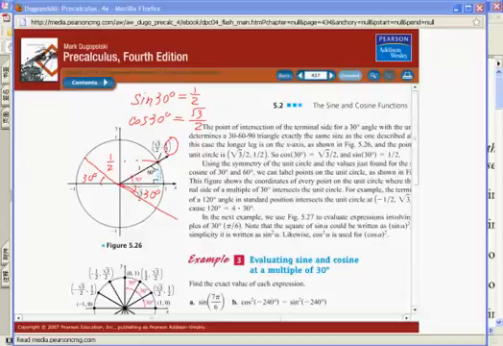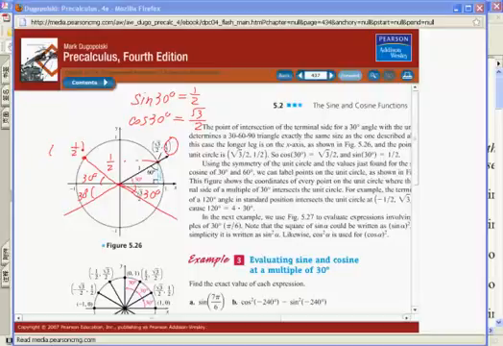Let me extend this ray in this direction, so this is also 30 degrees. By symmetry, we know for this point, its y-coordinate should also be equal to 1/2, right?